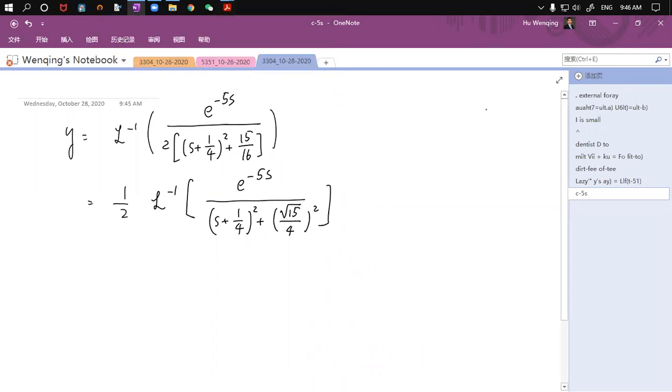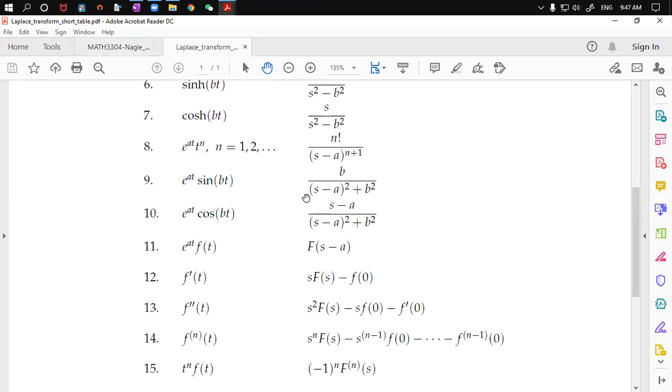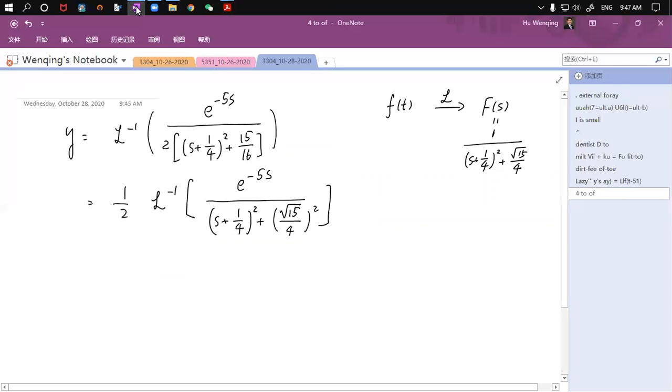Well, it's very simple. If you let the capital F(s) be equal to 1 over ((s + 1/4) squared plus (square root of 15 over 4) squared), then you have the Laplace transform of f(t). Can you calculate f(t)? Well, it's very simple. We can use line 9 of this table, where the b is the square root of 15 over 4.